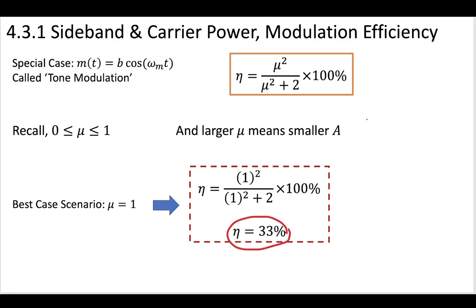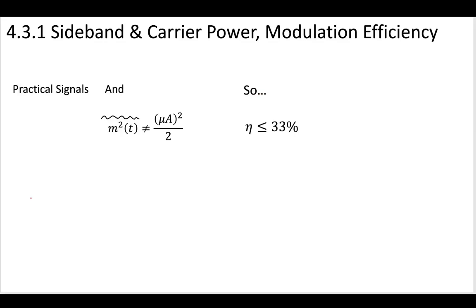So in the very best possible case, when you're sending just one frequency tone, the best you can do is get 33% efficiency for our AM modulation, for our amplitude modulation. So clearly that's not that great. So what about for practical signals?